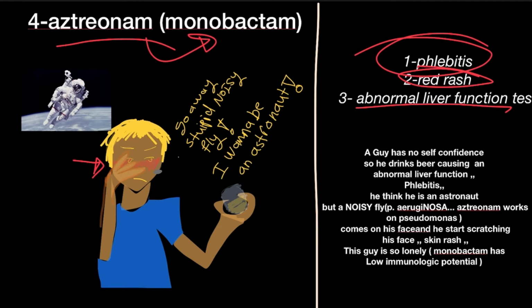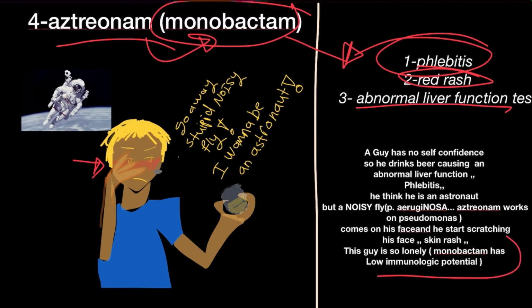So how are we going to link the name monobactam to these adverse effects? Well, first we are going to remember a lonely guy, and lonely or mono, so monobactam. This lonely guy has imagined himself to be an astronaut, and astronaut goes with aztreonam.